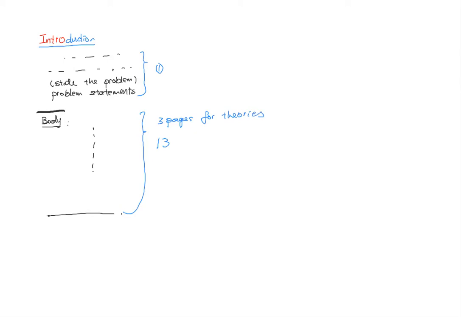So that means I need 10 pages on justification. That is the ratio it should be. So when you talk about justification, you can say different confidence intervals will give me different justification towards the problem.